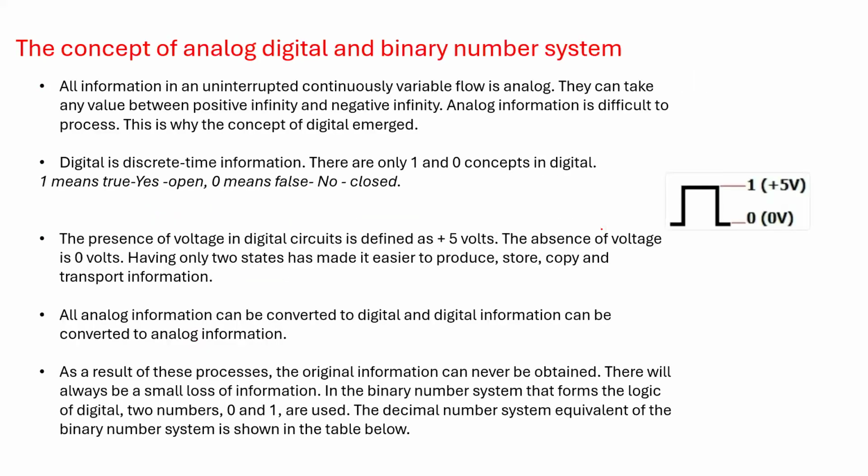And the concept of analog, digital, and binary number systems. Information that is an uninterrupted, continuously variable flow is analog. We can encounter these terms in device definitions. For example, if you have a machine working with analog signals, it carries uninterrupted and continuous signals.